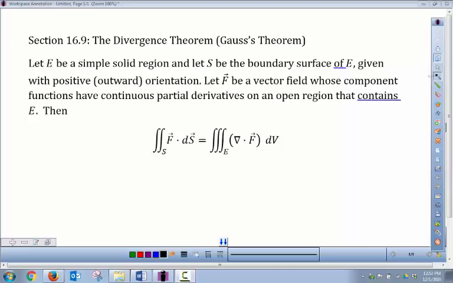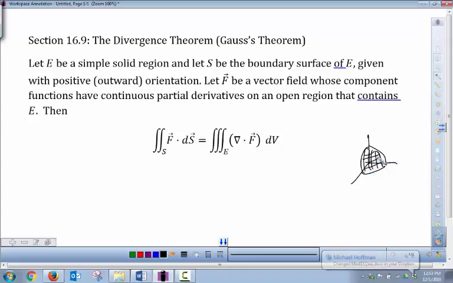So if we're just looking at the front part over here of the sphere, what would S be?